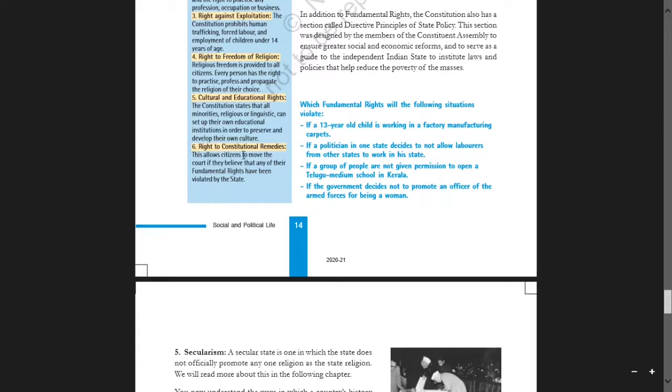This allows citizens to move the court if they believe that any of their fundamental rights have been violated by the state.